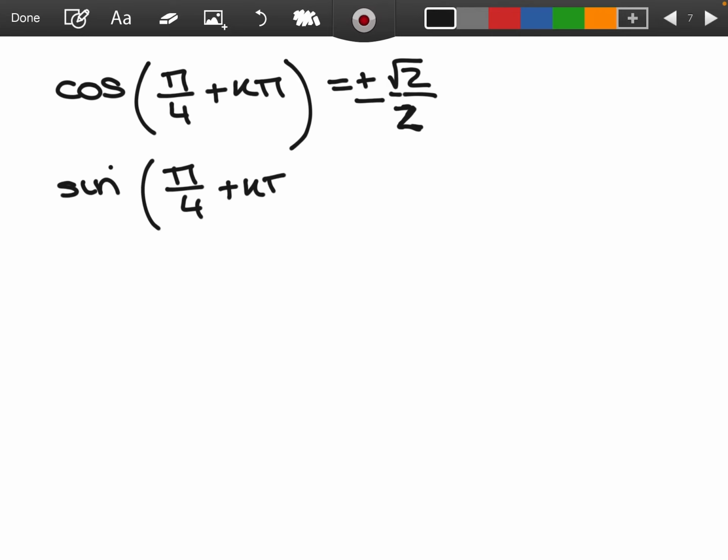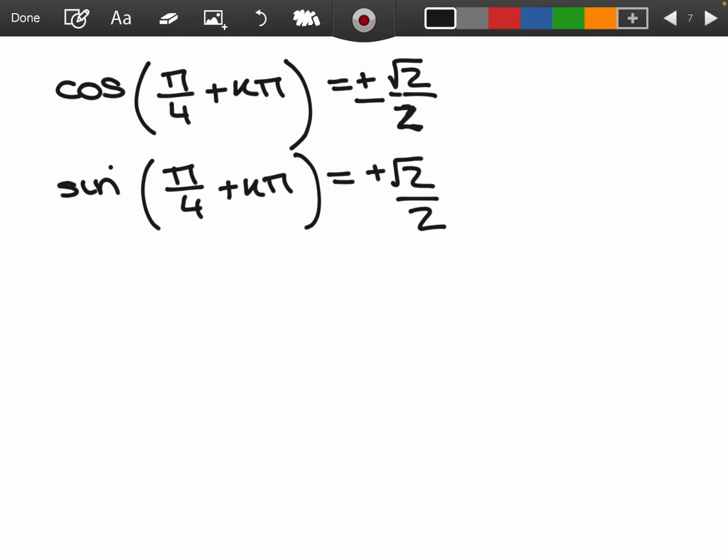Now let's look at sine of angles in this set. Again, sine of any of the angles that are coterminal to pi over 4, so pi over 4 plus multiples of 2 pi, that's always positive the square root of 2 over 2. But pi over 4 plus pi puts me at 5 pi over 4, I'm in quadrant 3.